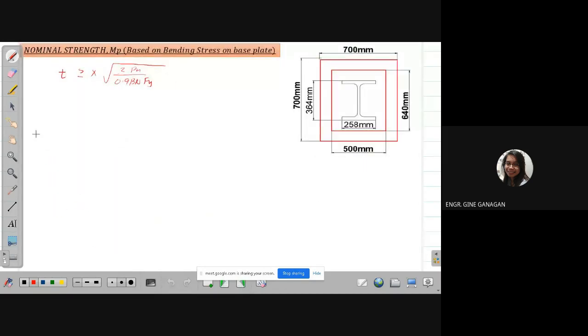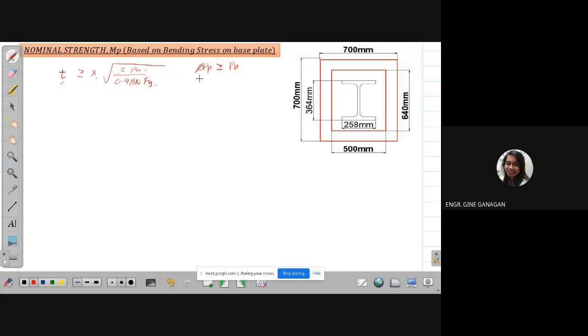So, meron tayong thickness. The value of PU is still unknown. Yung ating B and N given, and then Fy given. So yung X, that is the larger value between M and N. Okay? So yung design natin is greater than or equal to PU.